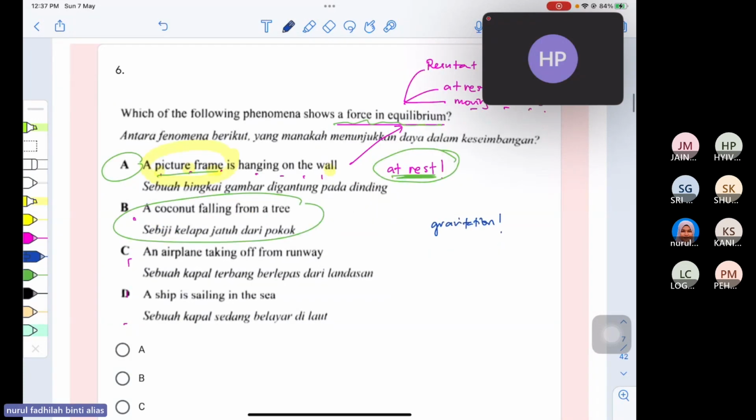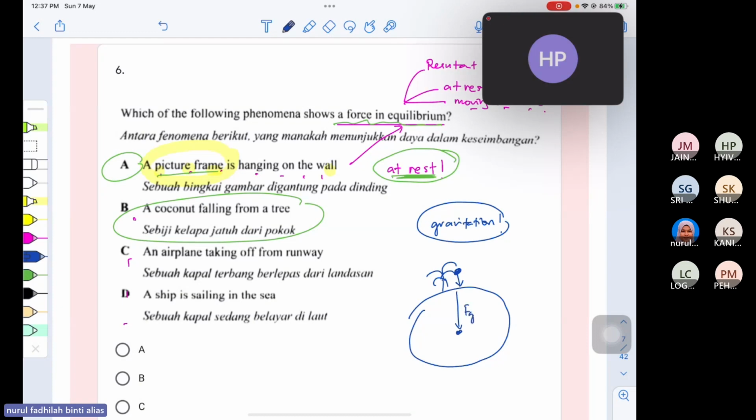Semua objek, ini bumi, kalau ini pokok kelapa, coconut ni jatuh towards the center of gravity. Kalau dia jatuh towards center of gravity, dia ada pecutan. Dia accelerating. Jadi kalau dia accelerating, it is not at rest, it is not moving with constant velocity.